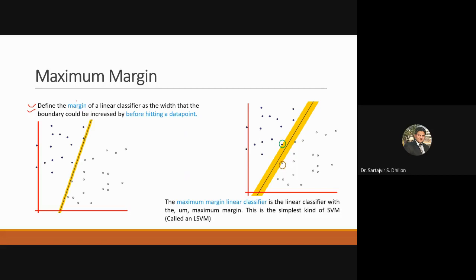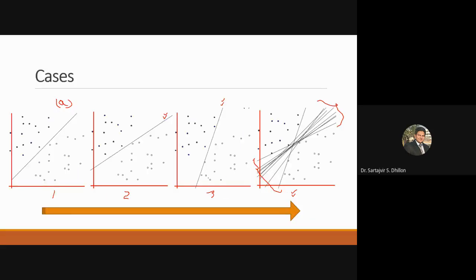First, what is a margin? Margin of a linear classifier is the width by which the boundary could be increased before hitting a data point. Here you can see that in this last one, this is basically an intersecting point. We have to avoid such intersecting points.